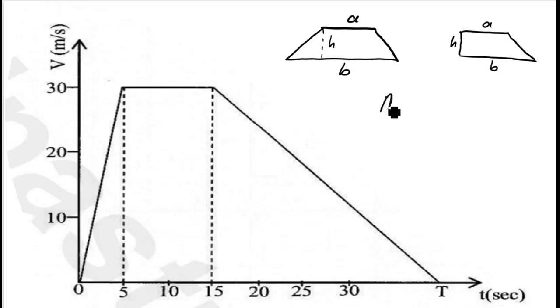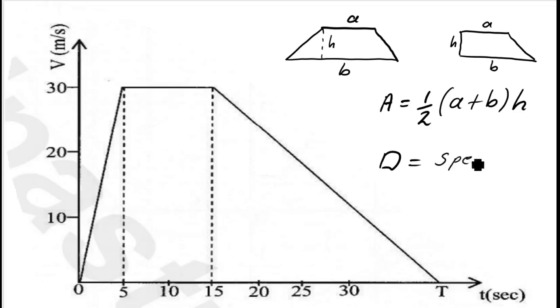Now, trapezium area is given by half A plus B multiplied by h, like that, where A and B are these sides, as we have seen there. So this area is used for distance under a velocity time graph or speed time graph. Okay, so on a speed time graph, area represents distance.